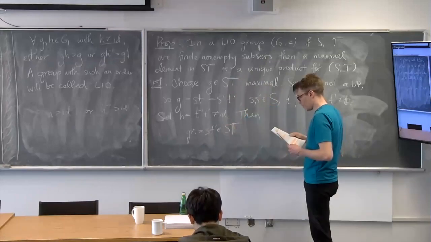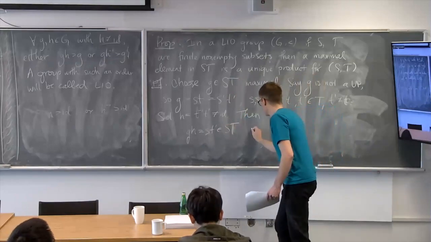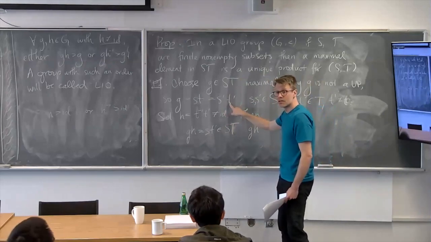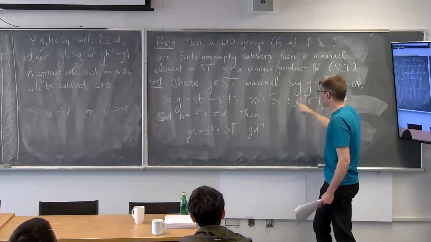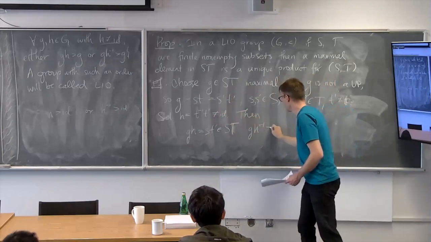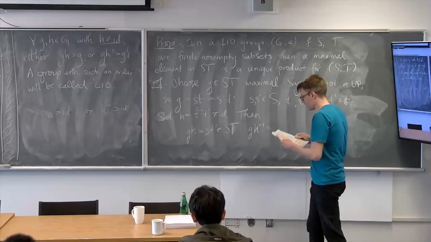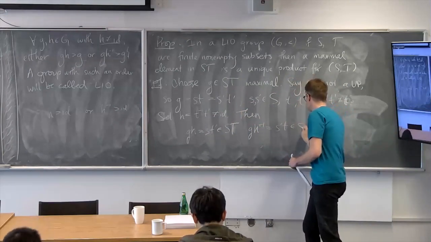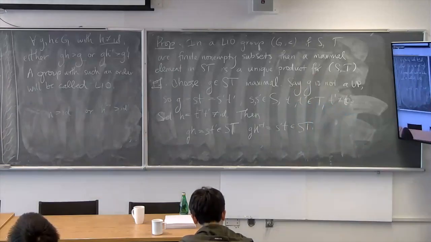ST. And I want to look at GH inverse. It can also be written like this. And then when I take the inverse, this T prime inverse is going to cancel with that T prime. And so another way of writing this is S prime T, which is also in ST. But now look at the defining property of a locally invariant order.